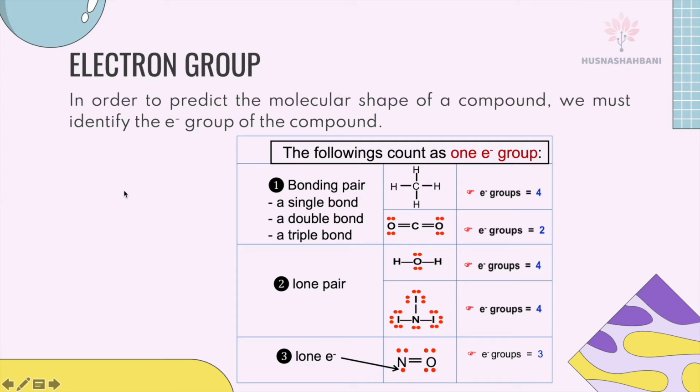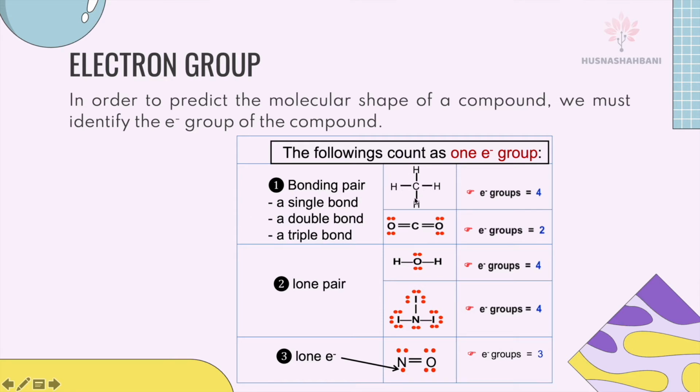Electron group. In order to predict the molecular shape of a compound, we must identify the electron groups of the compound. If that compound has one bonding pair, whether it's a single bond, double bond, or triple bond, you count that as one electron group.